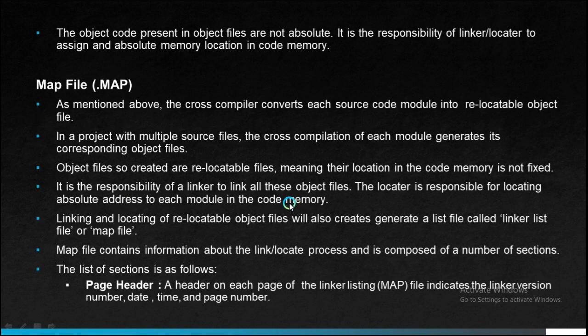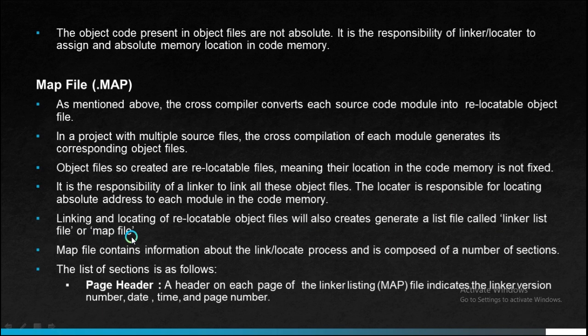So it is the responsibility of the linker and locator to map this object code to a fixed location. The file generated by linking and locating these object files is known as the linker list file or map file.